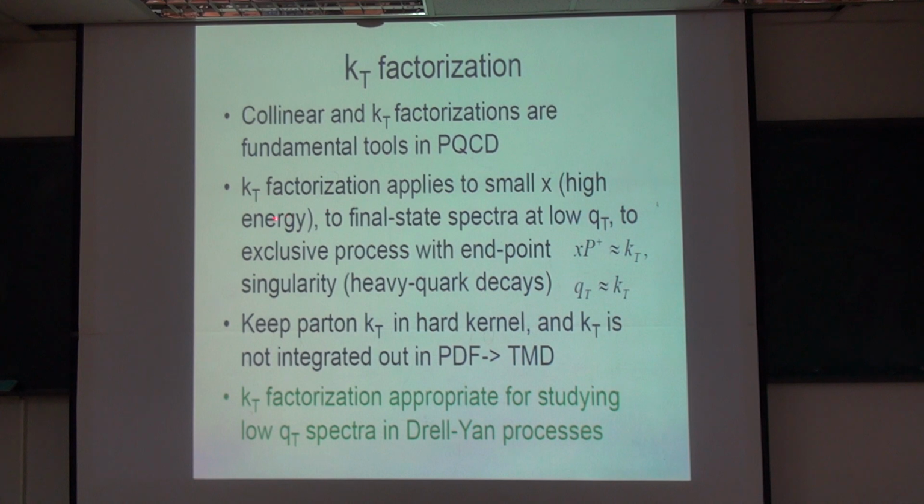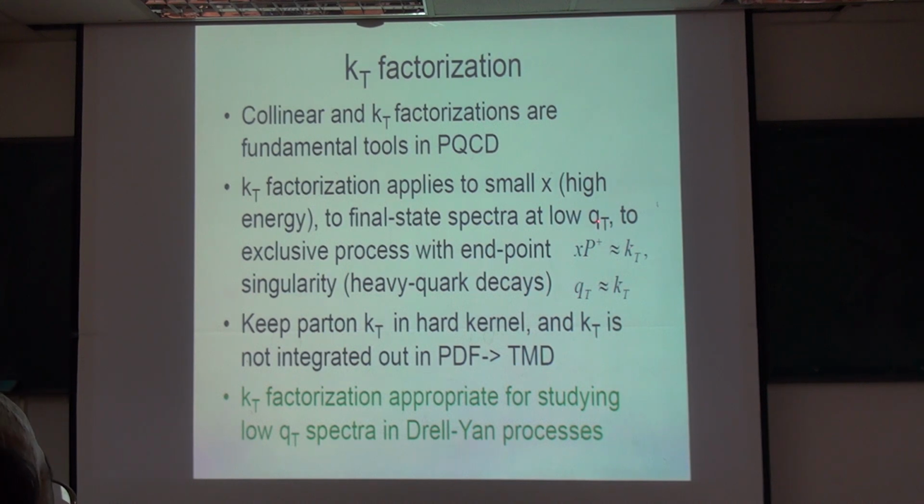In the high energy region, or when we study the final state spectrum at low QT, because in these two regions, small x means a smaller longitudinal momentum fraction. So you have x times P plus, which is small, when x goes down to 10 to the minus 6, 10 to the minus 5. Then this longitudinal momentum scale is not large compared to KT. So we have to keep KT.